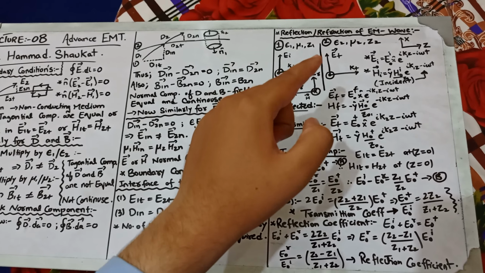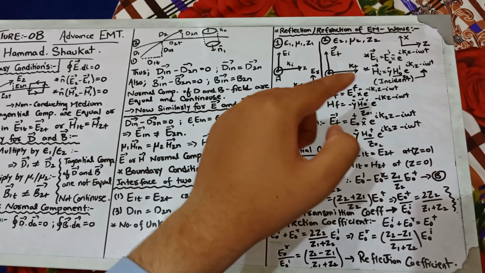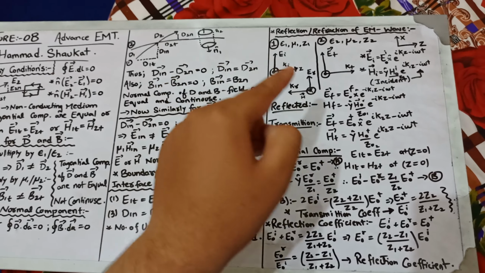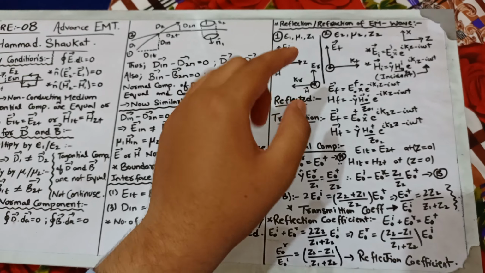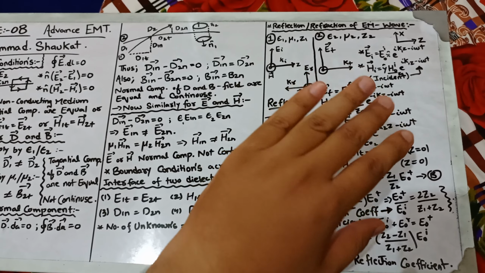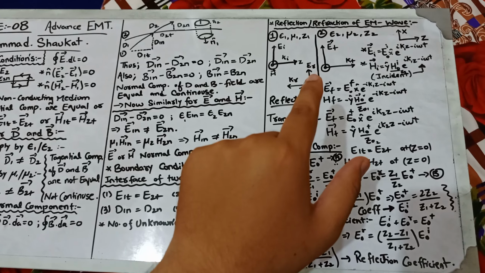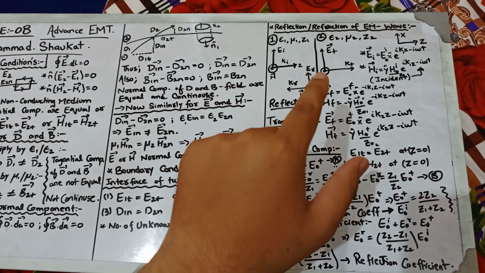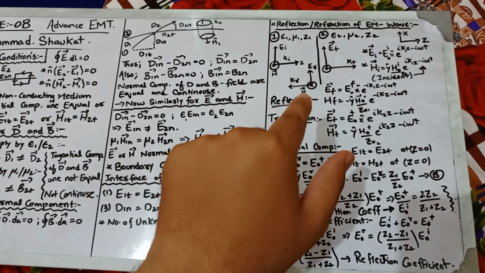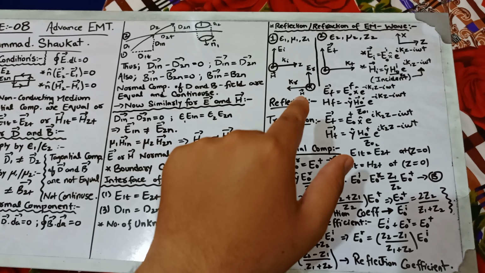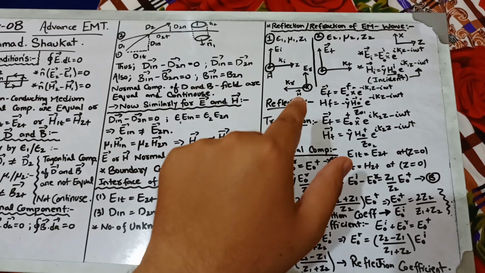The transmitted wave is denoted by ET with wave propagation KT, and your reflected wave, because it reflects back, its wave propagation now reverses. So you can see here ER, which is the reflected electric field, here is the wave propagation KR, and here is the H.